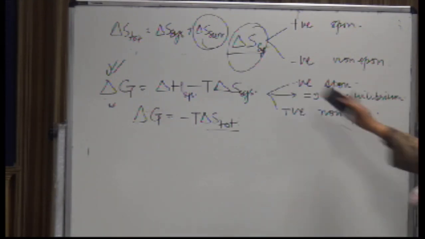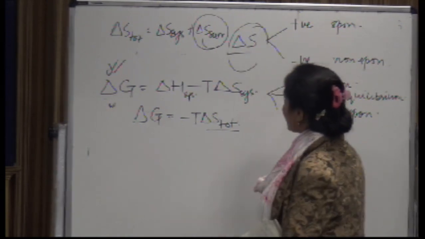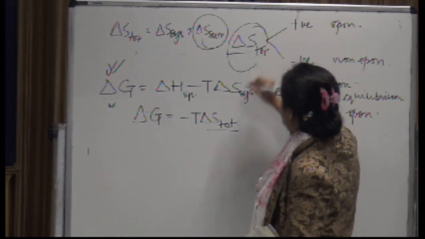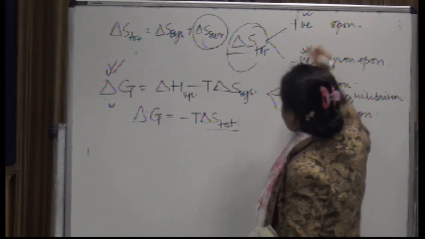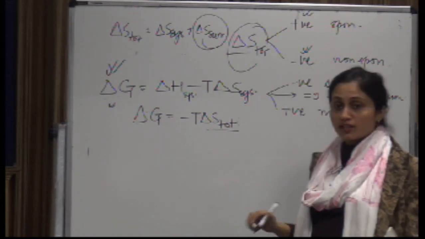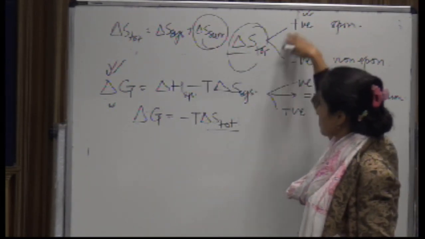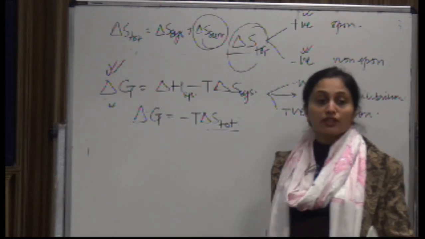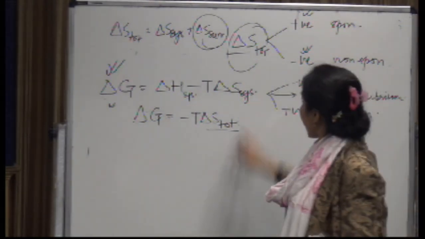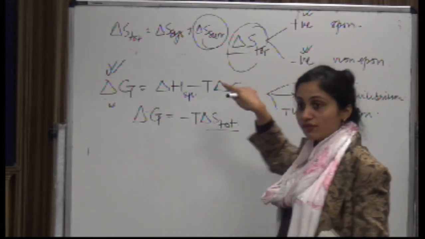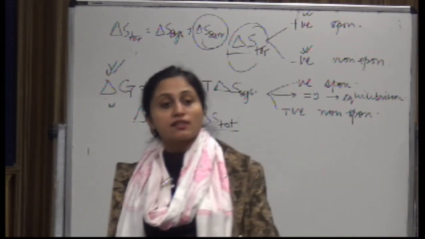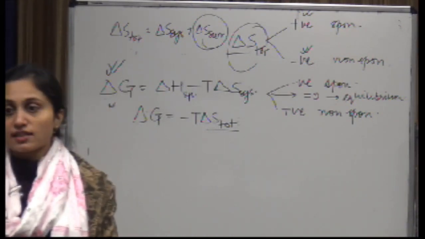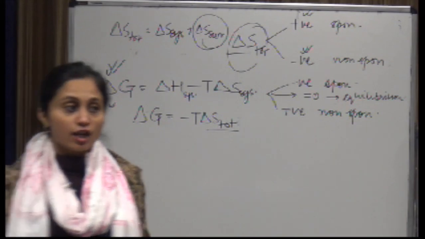So only if it is the total delta S, can we suggest whether a reaction can be spontaneous or non-spontaneous. So if delta S total is positive, then the reaction will definitely be spontaneous. And if delta S total is negative, then the reaction will be non-spontaneous for sure, because delta G is equal to minus T delta S total.